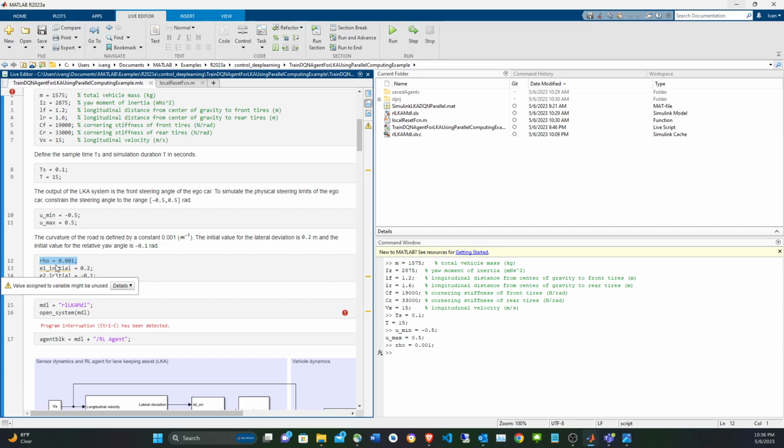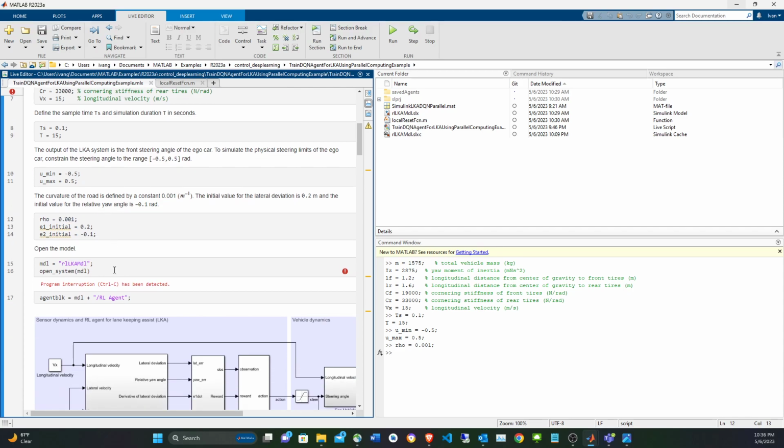There's going to be a curvature to make the problem a little bit more interesting. You have the initial lateral deviation and the initial yaw angle deviation, the angular deviation and the lateral deviation. So the goal of this problem is basically to bring those two to zero. That's what the reinforcement learning agent is going to do here.